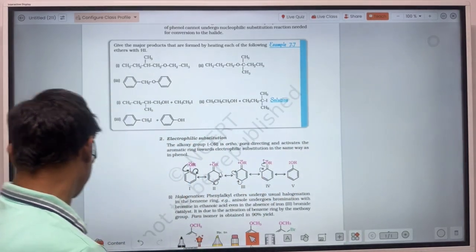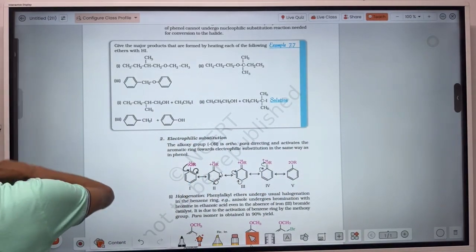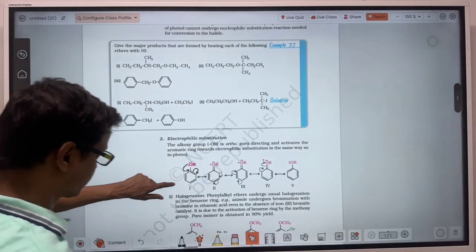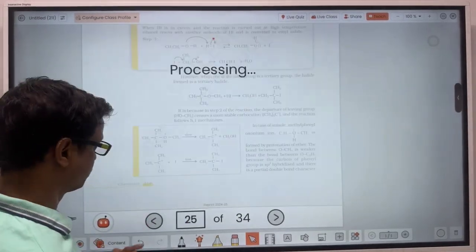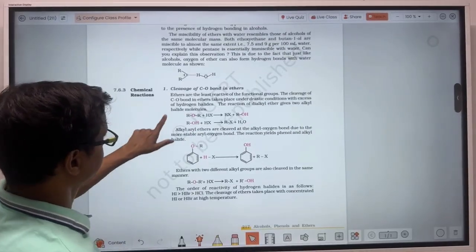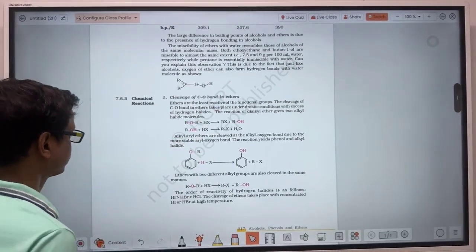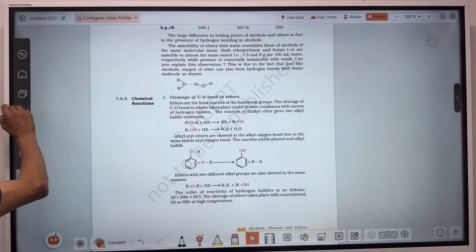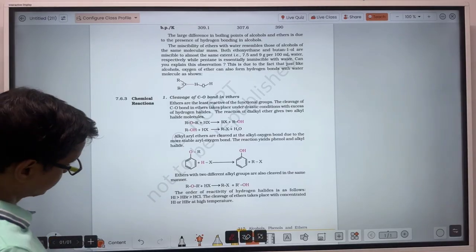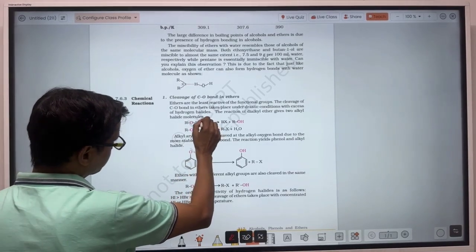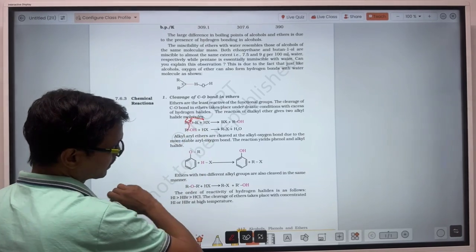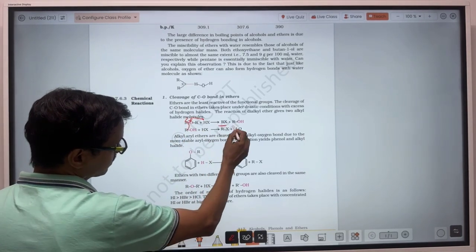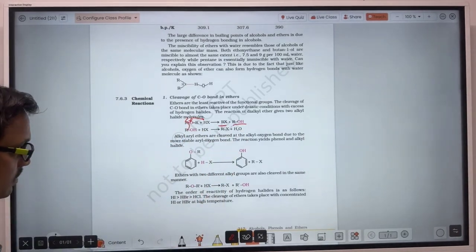So let's see here. Firstly, let's discuss the reactions due to cleavage of carbon oxygen bond. The reaction is very simple. Hydrogen will go to this oxygen, and the bond will break from here. There will be formation of haloalkane and alcohol.